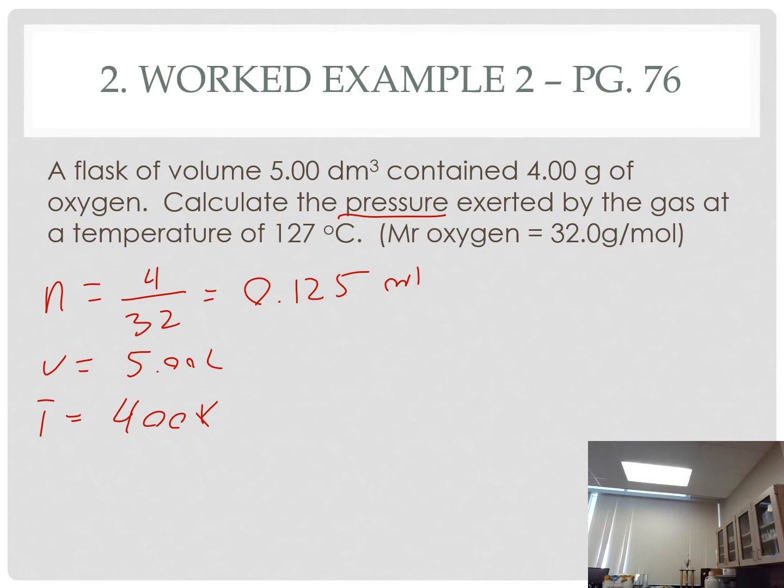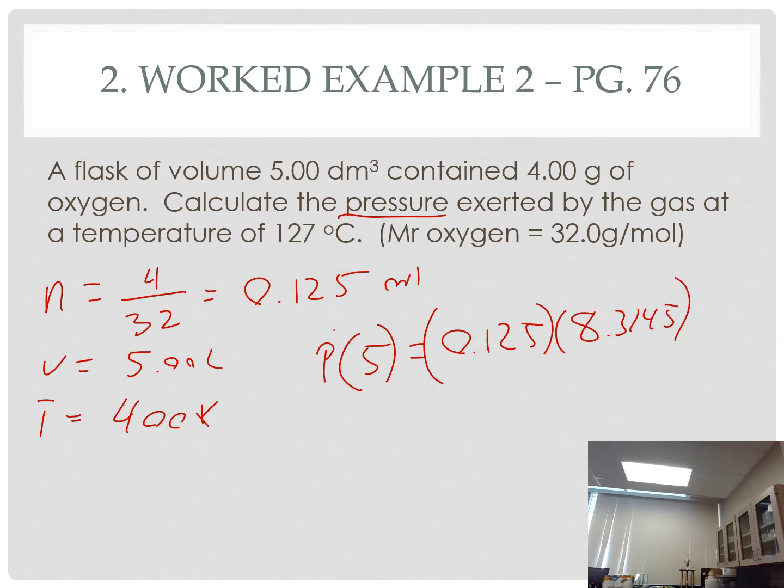And plug it in. So P is what we're trying to find. PV equals nRT. Volume is 5, moles 0.125, gas constant, and temperature 400. Multiply, divided by 5, so pressure is 83.1 kPa.